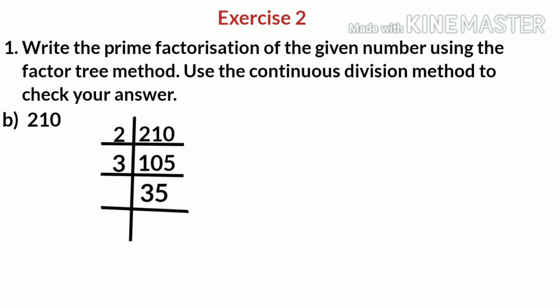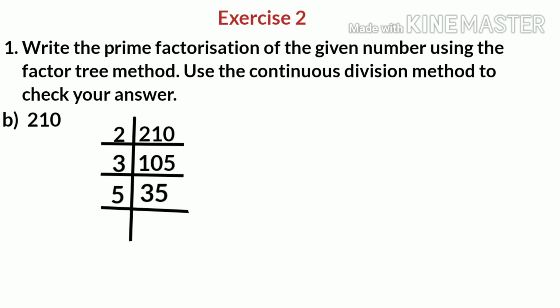Now we can see that the quotient 35 is also a composite number. So we need to continue the division. We have to divide 35 by its smallest prime factor. The smallest prime factor of 35 is 5. So we will divide 35 by 5.